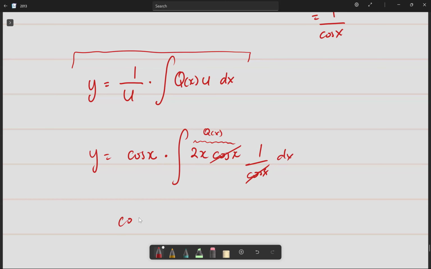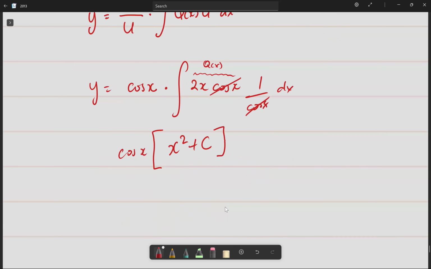So that's cosine of x times the integral of 2x, which is x squared plus c. And then the final answer gives us y is equal to x squared cosine of x plus c cosine of x.